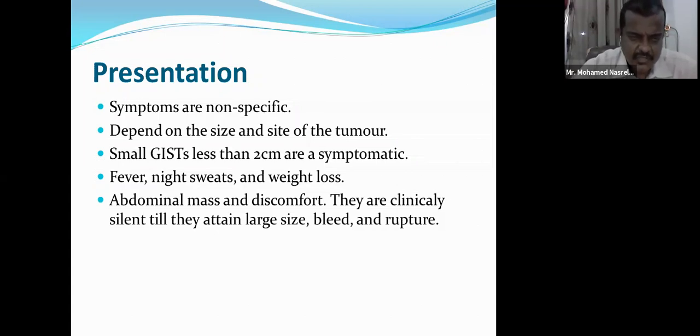As we saw in our patients, they are clinically silent until they attain a large size, bleed, and rupture. The abdominal mass can present with bleeding and intraperitoneal rupture.